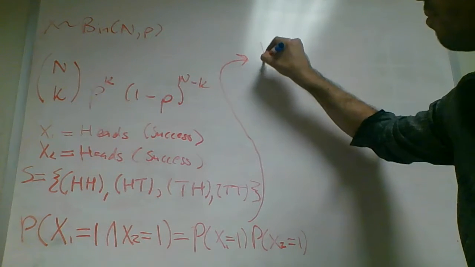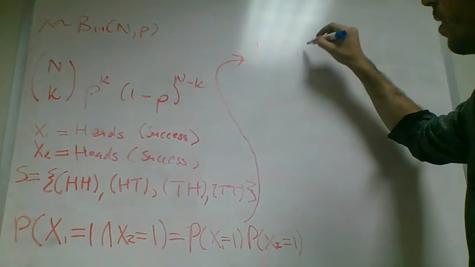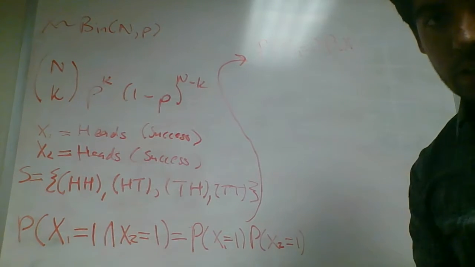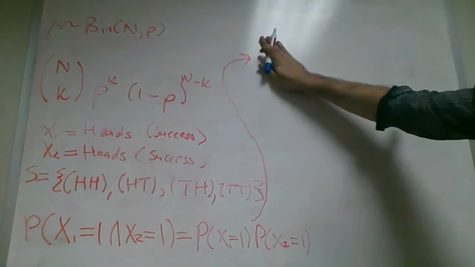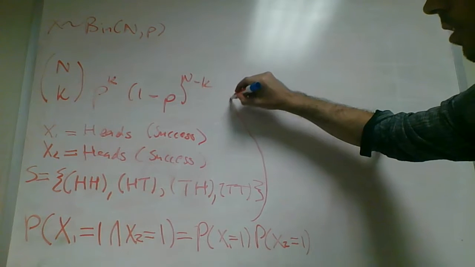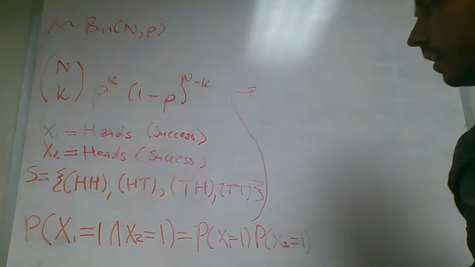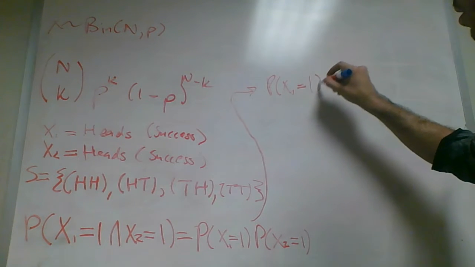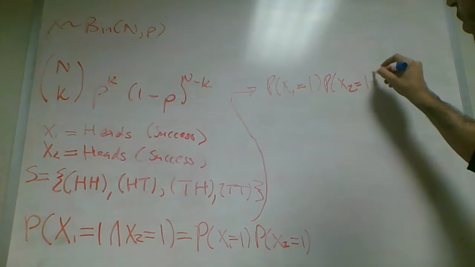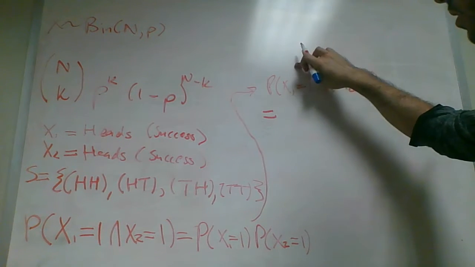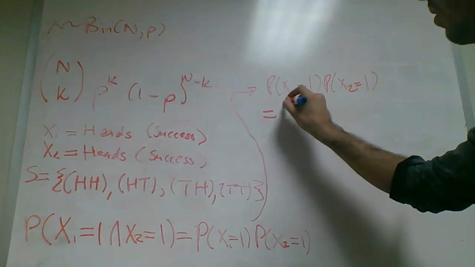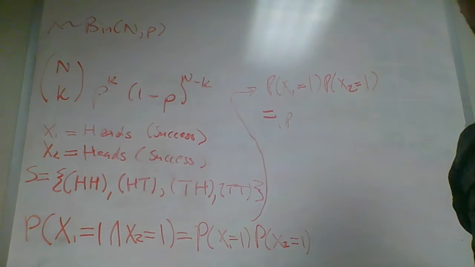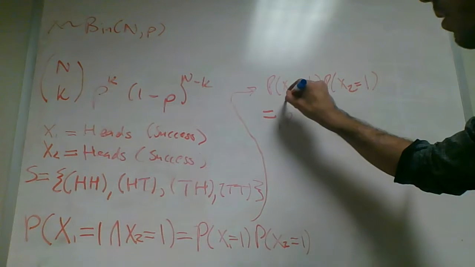So let me write it a little bit further down so you can see it. It's the probability that x1 is equal to 1 times the probability that x2 is equal to 1. So it's this Bernoulli trial times this Bernoulli trial, and they have the same probability of success. I'll just call it P for now. I'm not going to put in the 1/2, I'm just leaving it as P, and you'll see why in a minute.